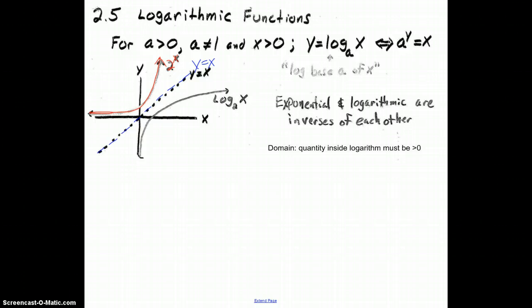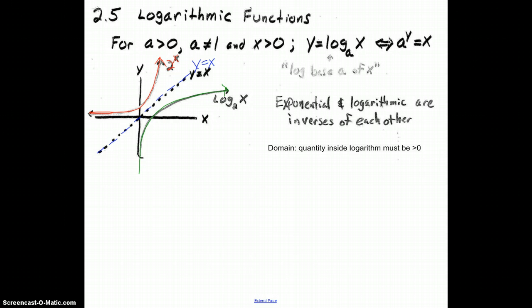When you have a function and you want to graph its inverse, you reflect it over that line, y equals x. When you reflect this exponential 2 to the x over that line, this is the graph you get, and this is what the graph of a logarithm function looks like.